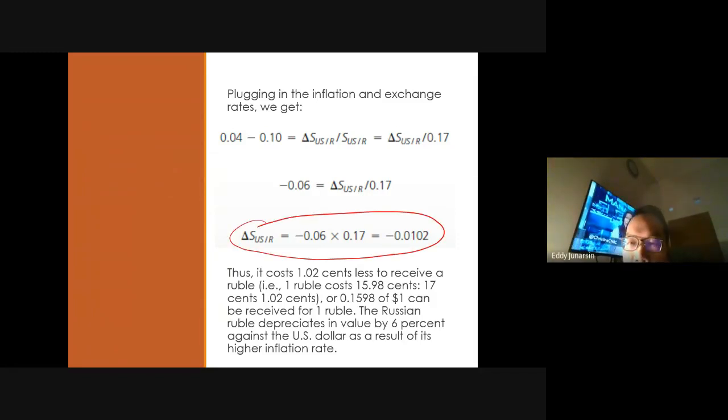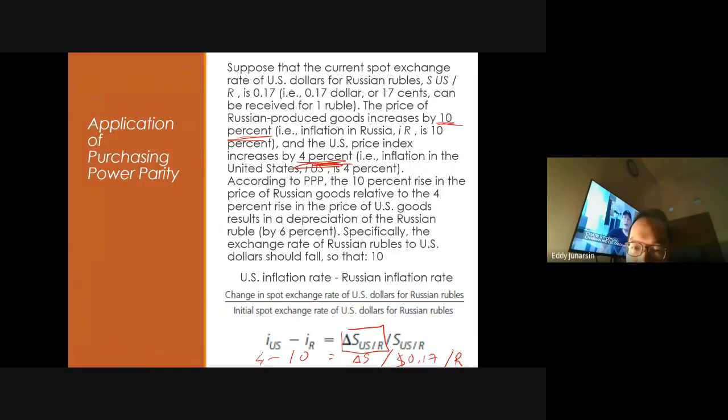Okay, and how much do we get? So we get the delta spot rate would be minus 0.0102. What's the meaning of minus? The rubles will depreciate, right? Will depreciate as expected, because the purchasing power parity says that a country with a higher inflation rate will most likely see its currency depreciate.